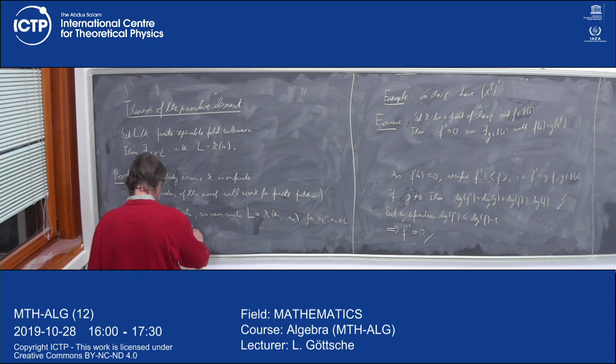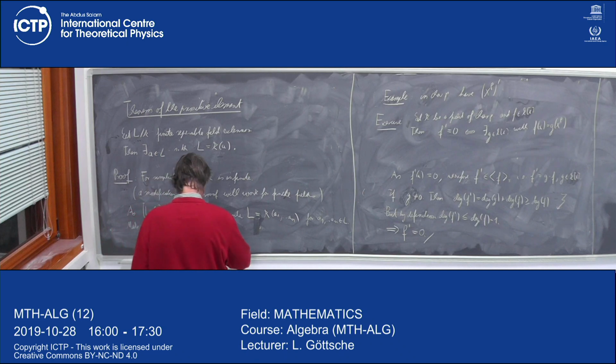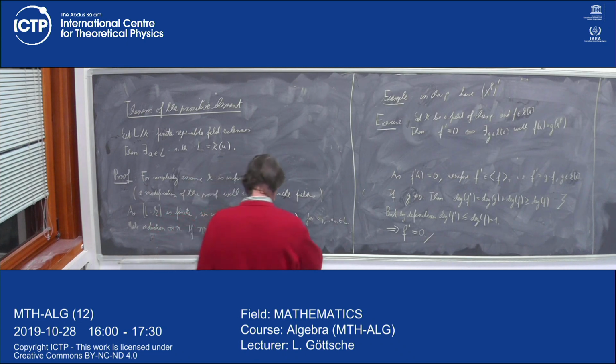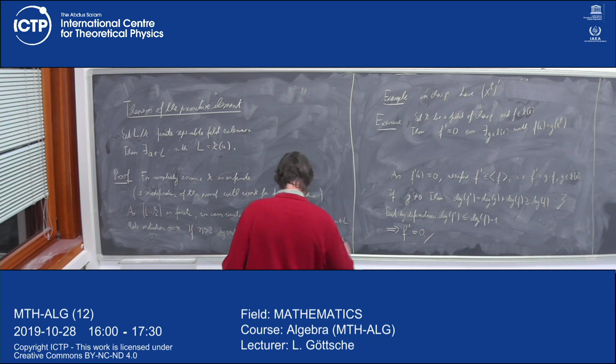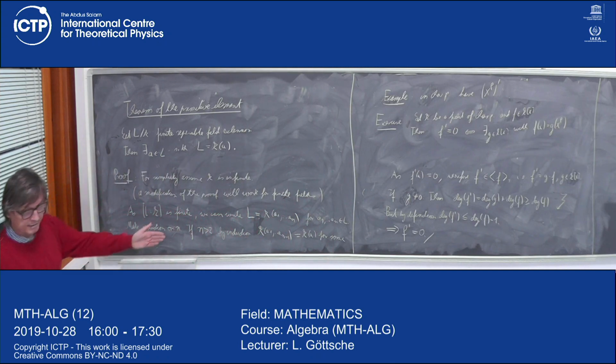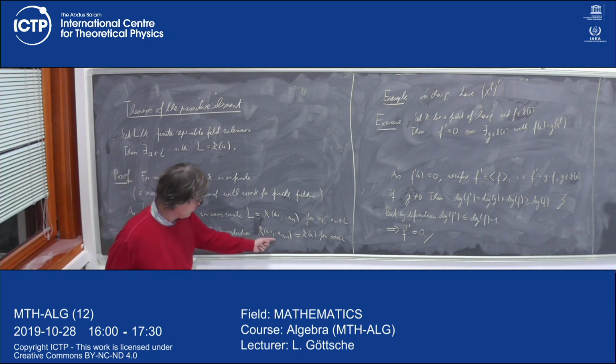If n is bigger than 2, then by induction we have that K(a1, ..., a_{n-1}) will be equal to K(a) for some a in L. So if n is at least 2, the induction step just works.